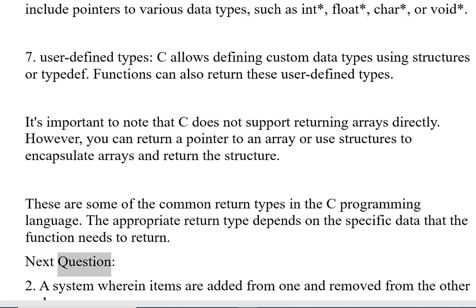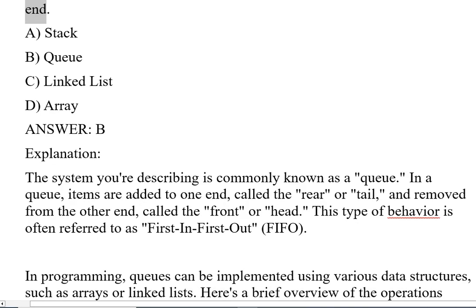Next question. A system wherein items are added from one end and removed from the other end is called: A. Stack. B. Queue. C. Linked list. D. Array. Answer B. Explanation.